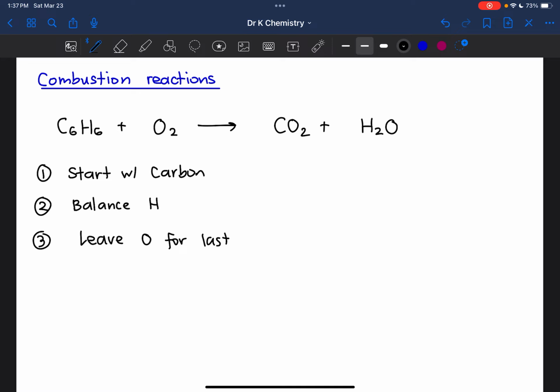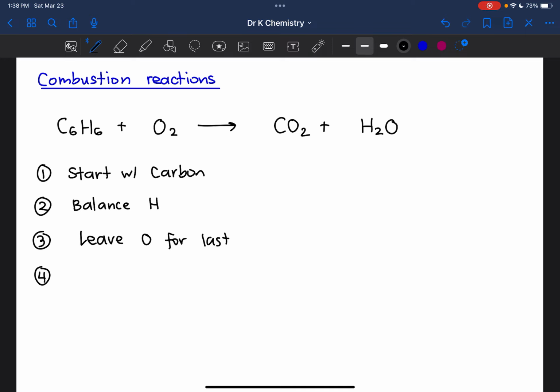If you start with oxygen, this will become really painful and it will turn into a mess. Leave oxygen until the very last. And the reason for that is that you're starting off with oxygen in one reactant, but oxygen appears in two different products. And it ends up creating a lot of chaos if you start off by trying to balance that. So leave it as last.